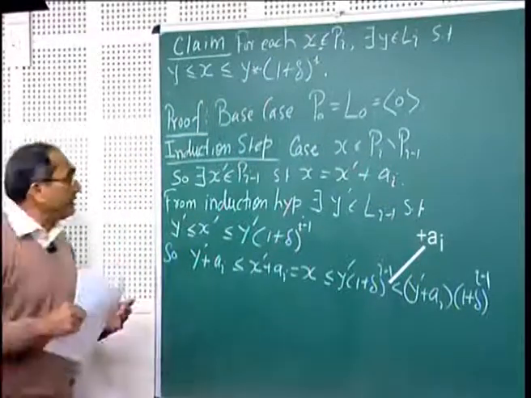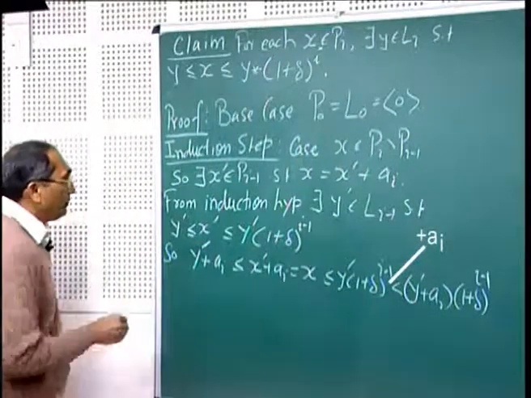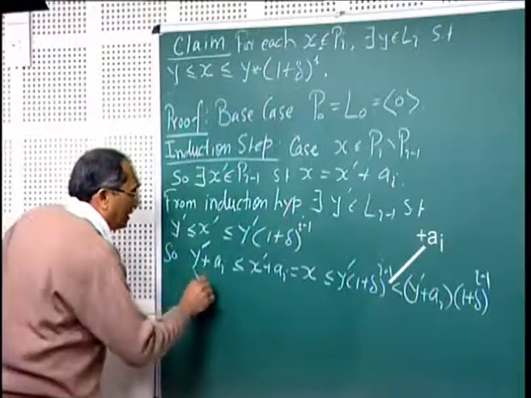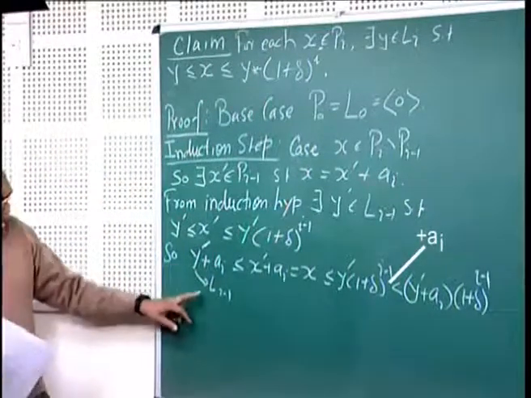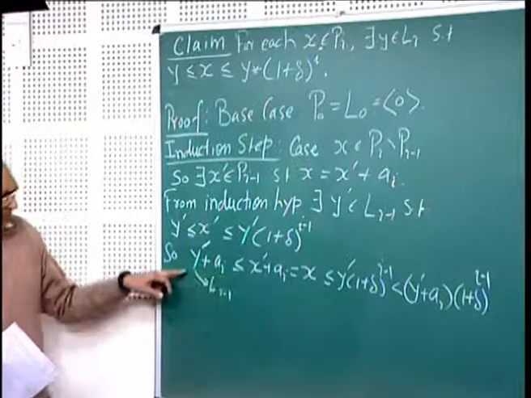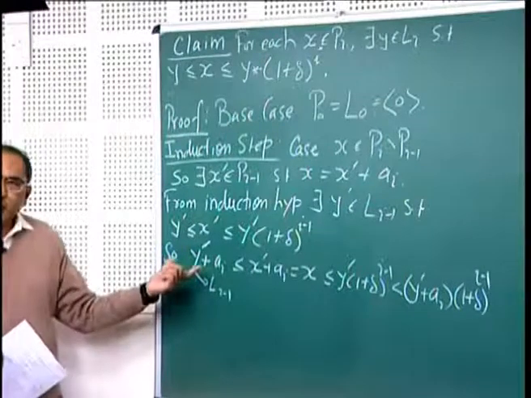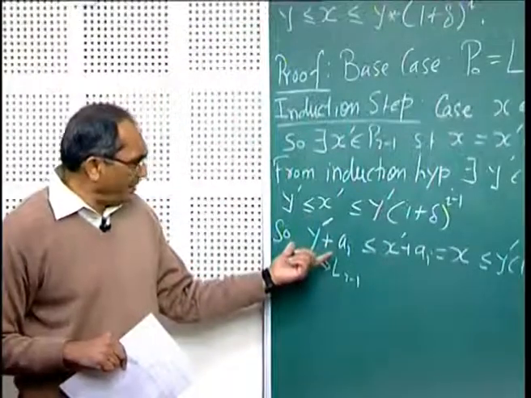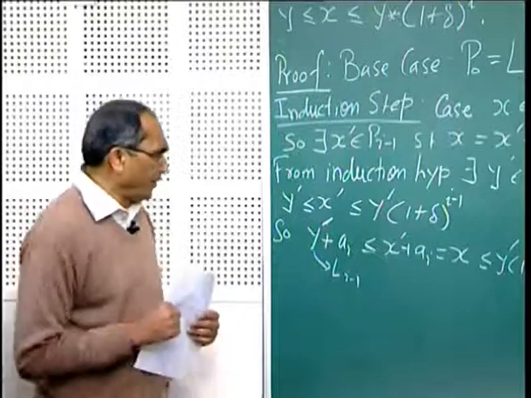Now, notice that this number y prime belonged to Li minus 1. So, when we were building Li, this number y prime plus ai must have been created, and maybe it was eliminated for being too close to some already existing number.